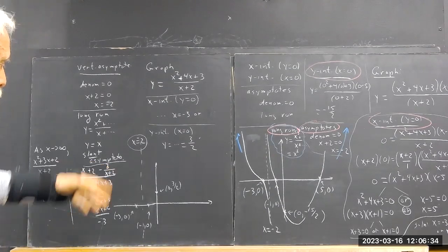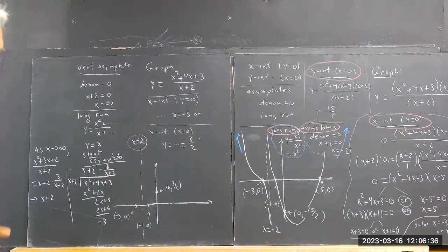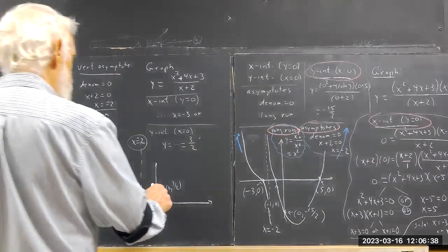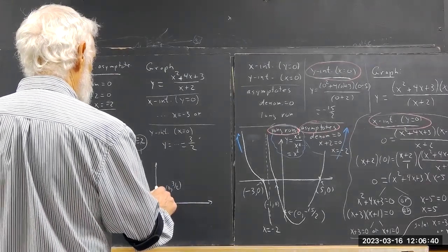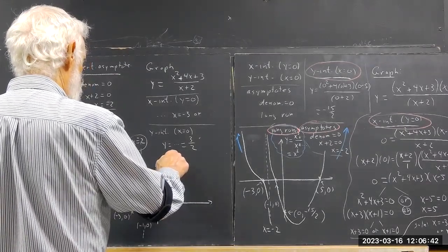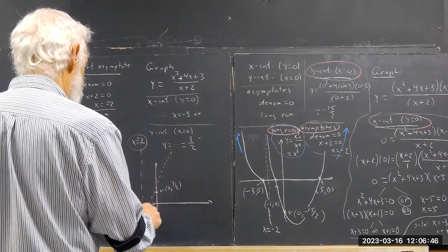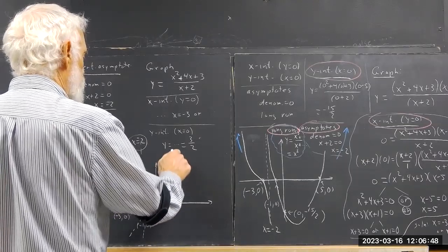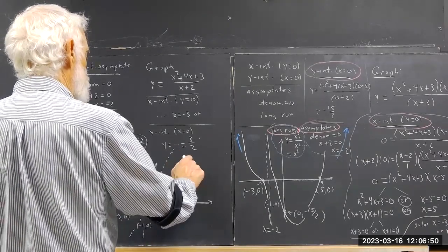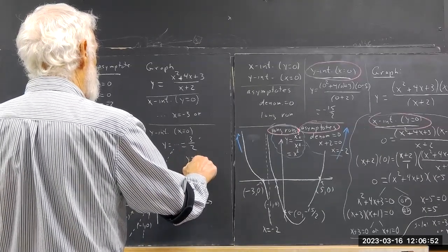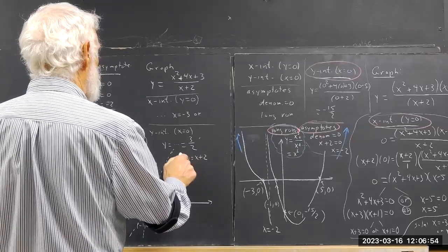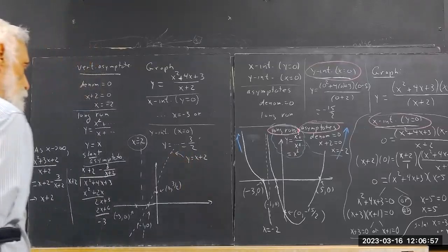So we draw the line y equals x plus 2. So let's see, if this is 3/2, here's 2. And here is the line y equals x plus 2.